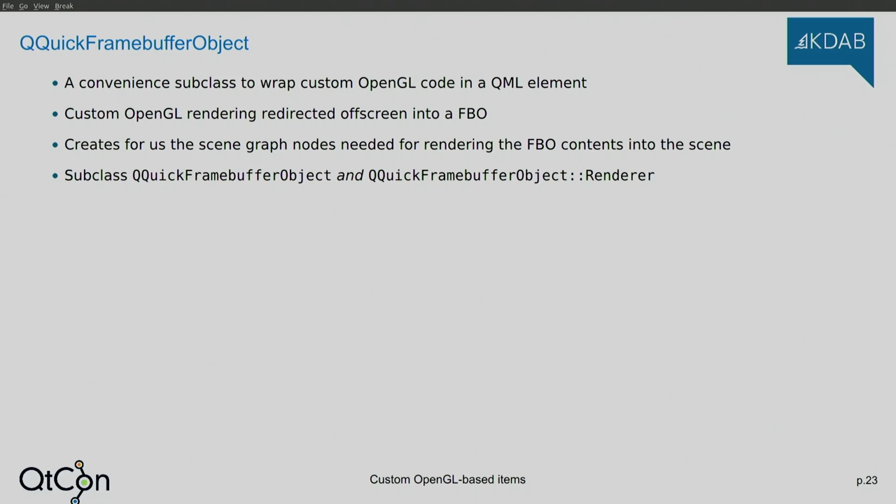The first class we need to subclass is, of course, QQuickFramebufferObject itself. That's basically our front-end class, the class we're going to expose to QML, and that's the class living in the main thread. We also need to subclass QQuickFramebufferObject::Renderer, which is an inner class. That class is instead the render thread counterpart. It's the class living in the render thread that does the rendering.